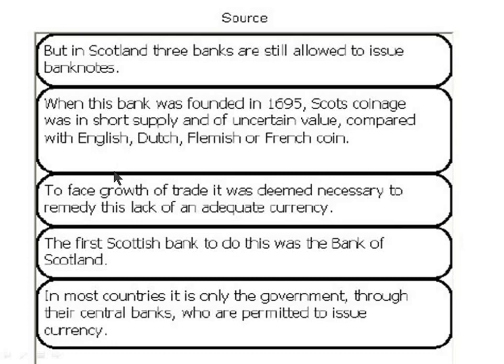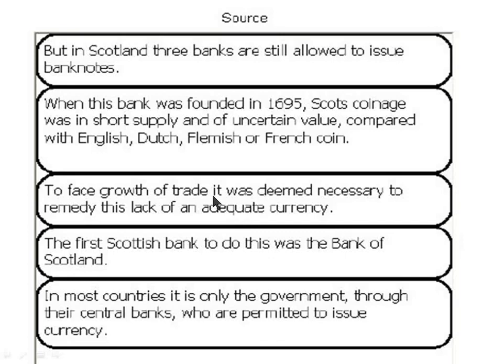So to face growth of trade, it was deemed necessary to remedy this lack of an adequate currency. Here they have mentioned that there was a shortage, so here they have told this lack of an adequate currency. So this will be our last sentence.